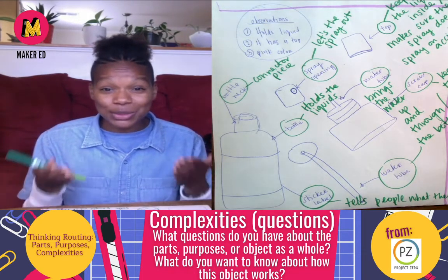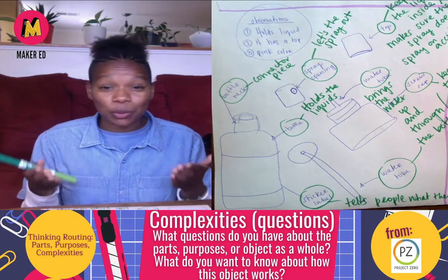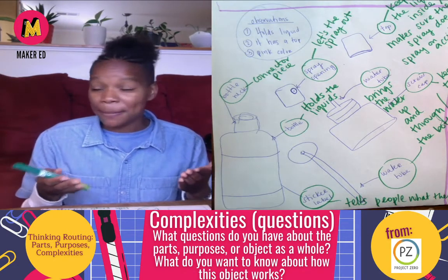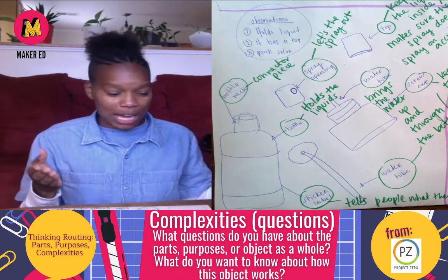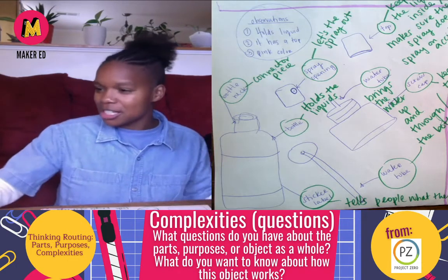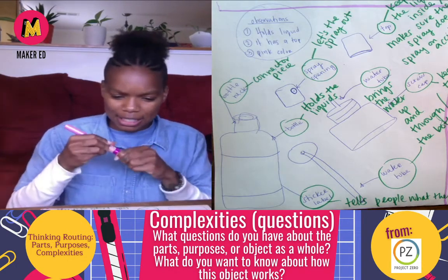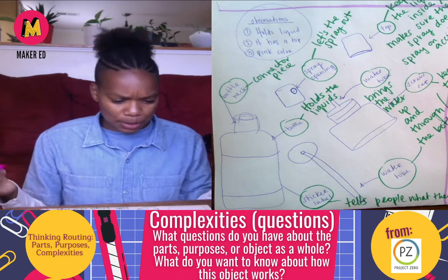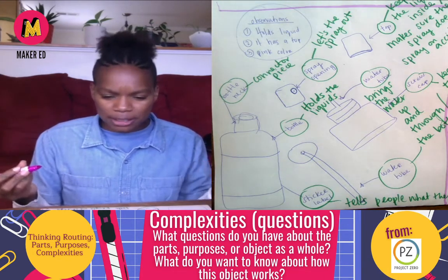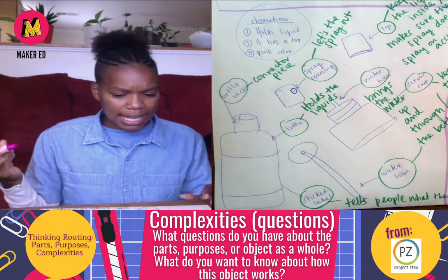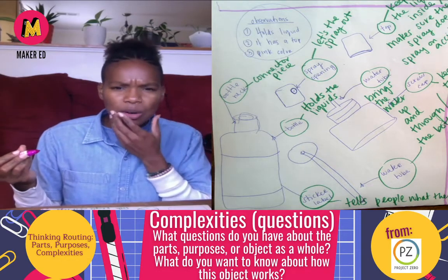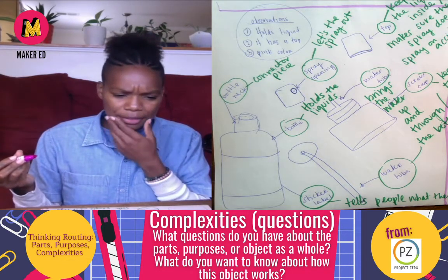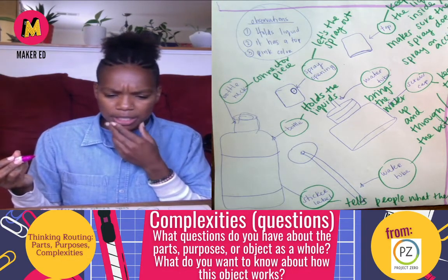What questions do you have about the way your object works? I'll invite you to grab a new color just to keep things organized, right? We're making our thoughts visible here. And let's see, what questions do we have about our objects?